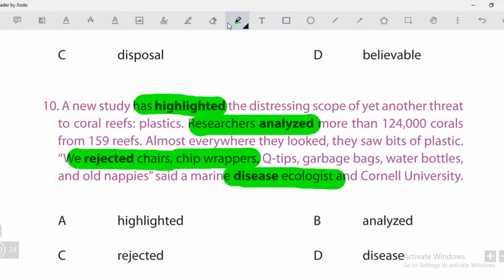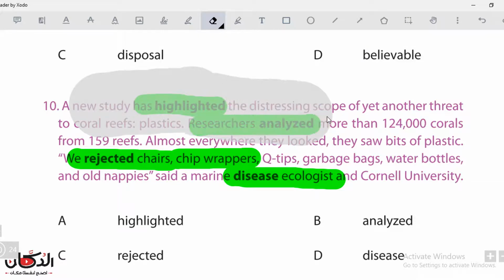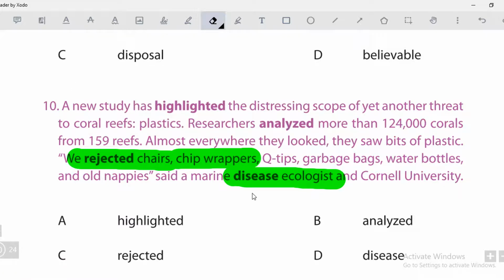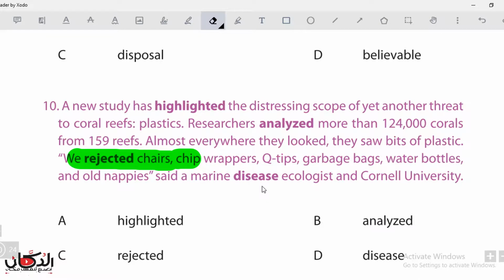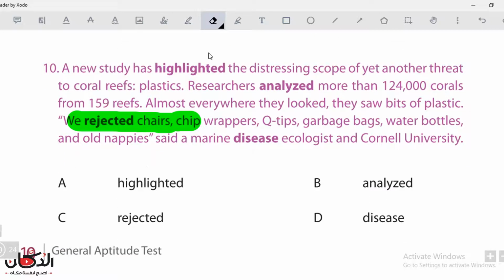So the one that doesn't make sense here is rejected. Marine disease, exactly, yes. But how can you reject shared chips? Yeah, it's incorrect. So the answer here is rejected.